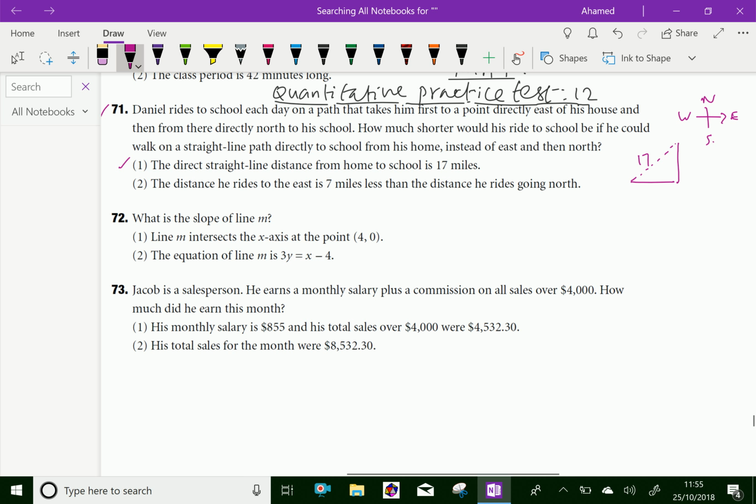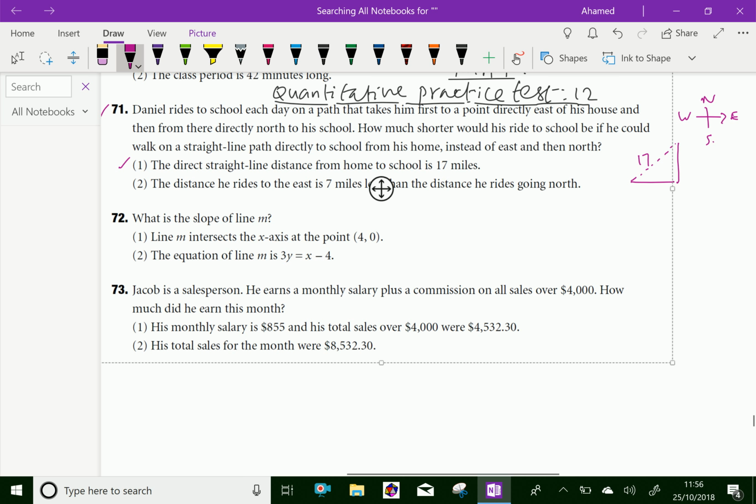So statement 1 by itself is not enough to find how much shorter his ride to school would be if he could walk on a straight path directly to the school from his home instead of east then north.